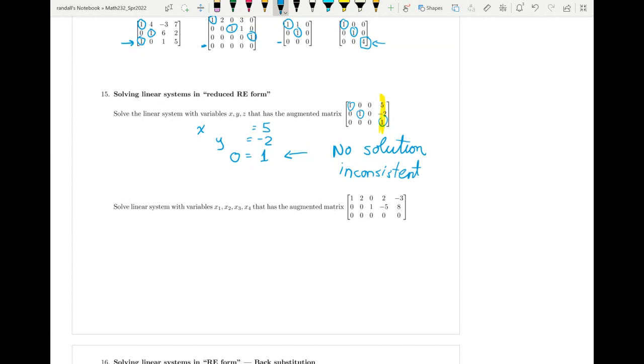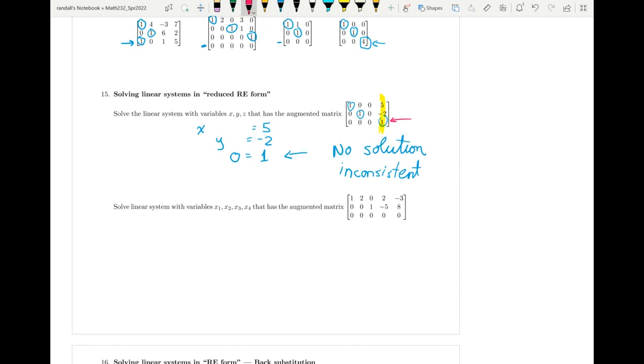So in the last column of an augmented matrix, if I see a row where the right-hand side column has a non-zero entry, but everything else to the left is 0, then that tells me the system is inconsistent. A row like that identifies an inconsistent system, which is very important to know because we want to know whether a system of equations has a solution or not.